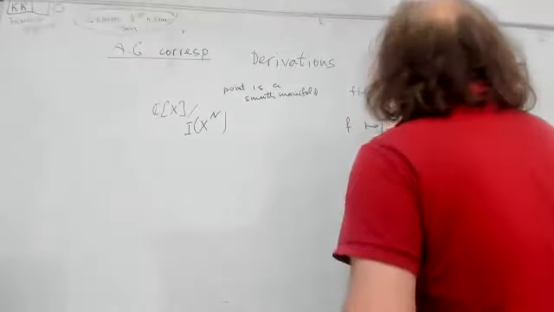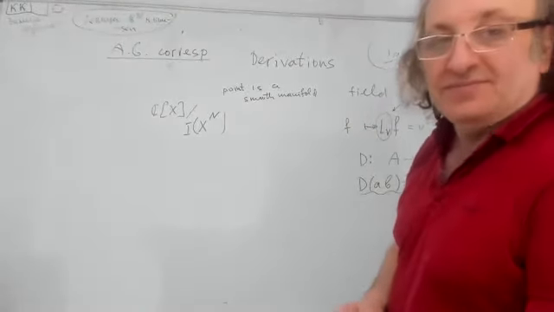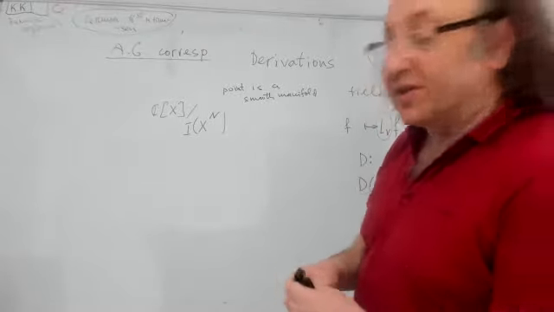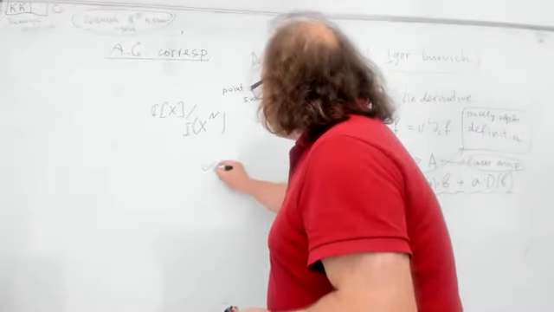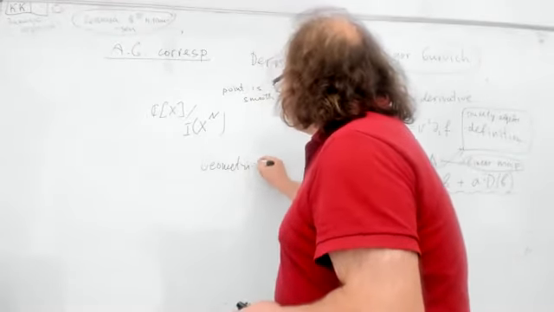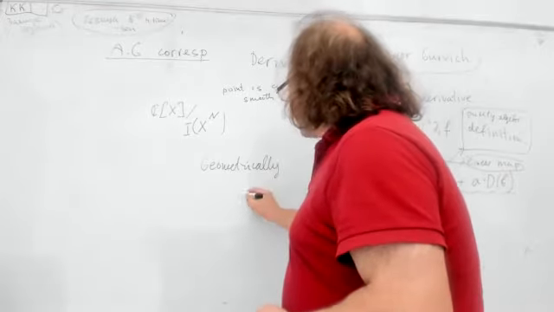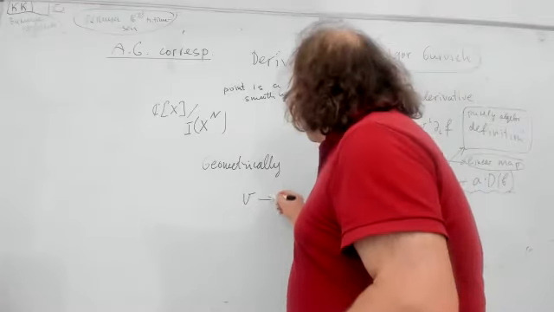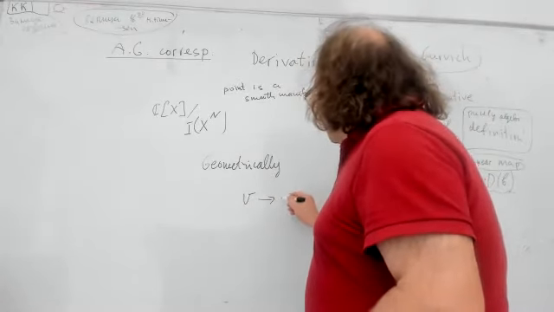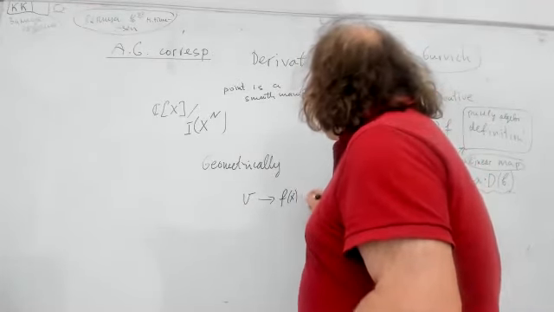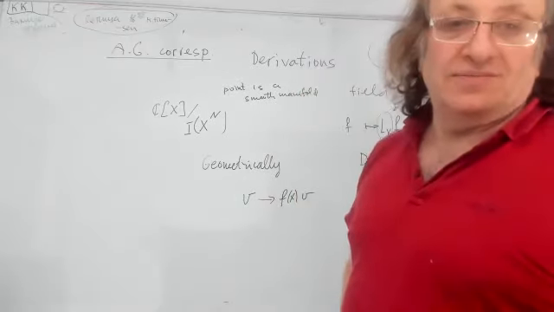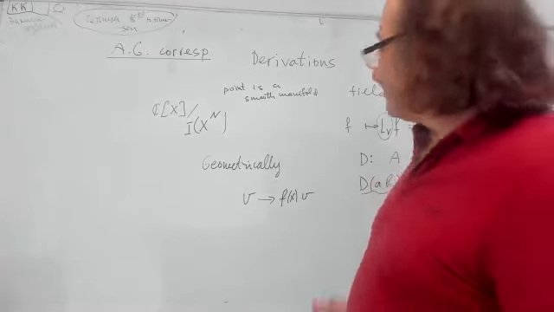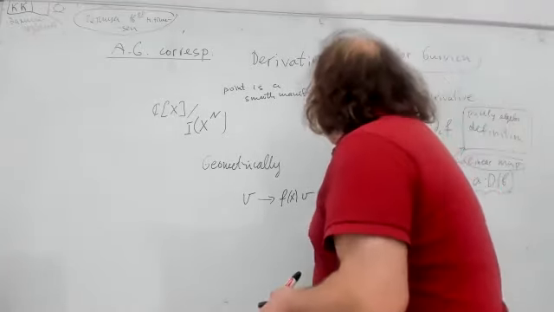If you have derivations, you may check that they enjoy the following property, geometrically. Suppose we have a vector field. You can multiply it by a function. It would be another vector field. It is clear. Now, algebraically.